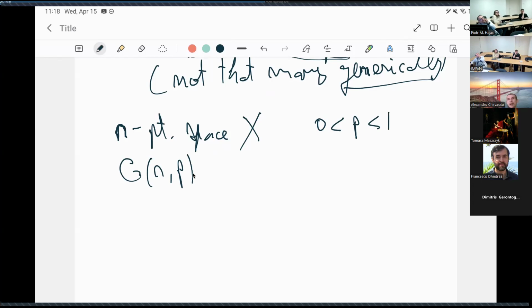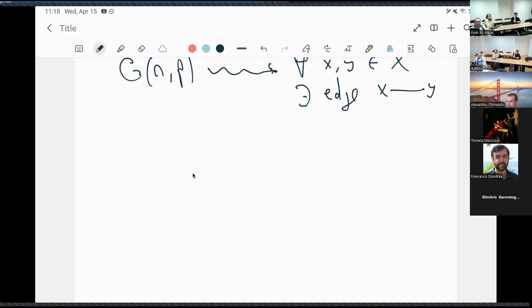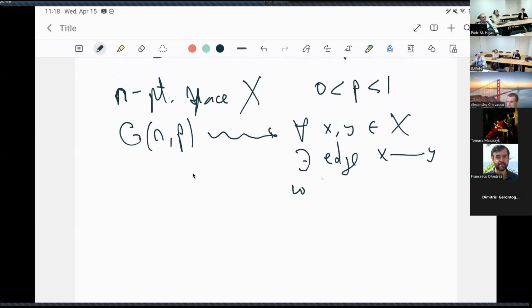For every pair of points among the n, you flip a coin with probability p on whether or not you're going to place an edge between those points. For every x, y in X, there's an edge x, y connected, you see no arrows, so undirected, with probability p.